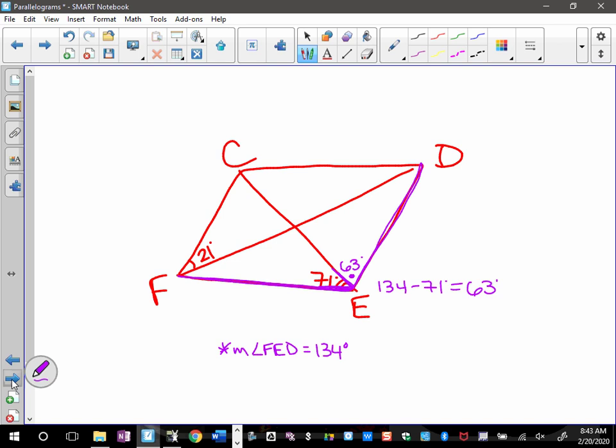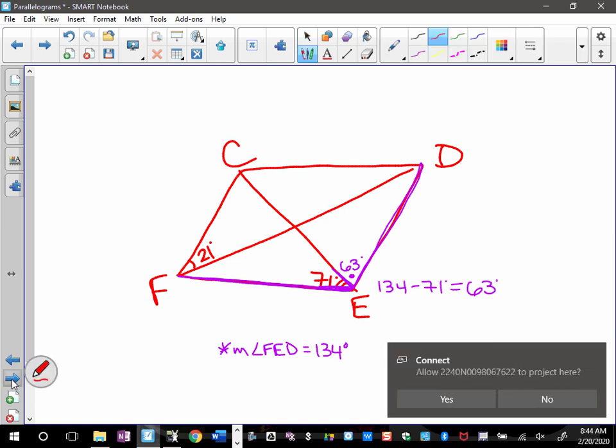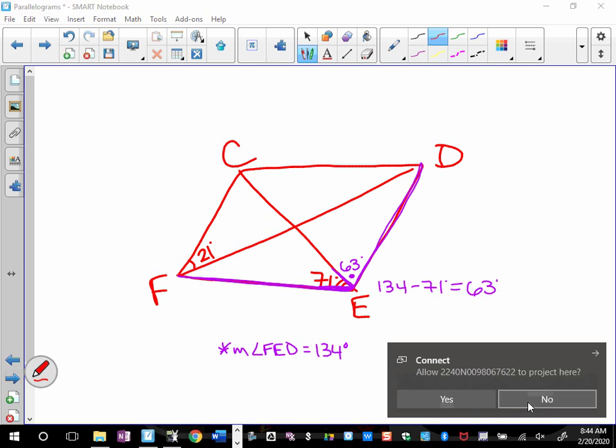So right now, that's everything they've given me to work with. At this point, I can start looking for parallel lines, and I can start looking at triangles and all that kind of stuff.